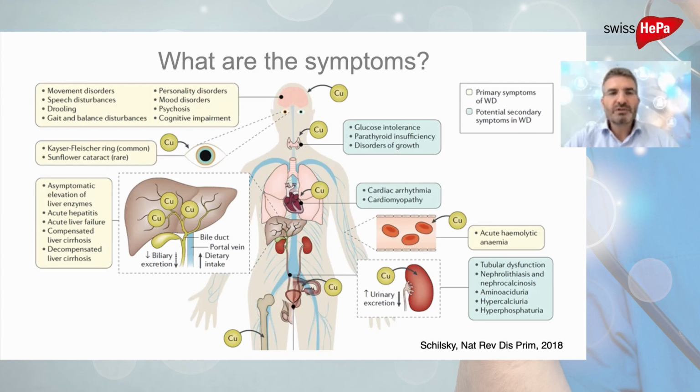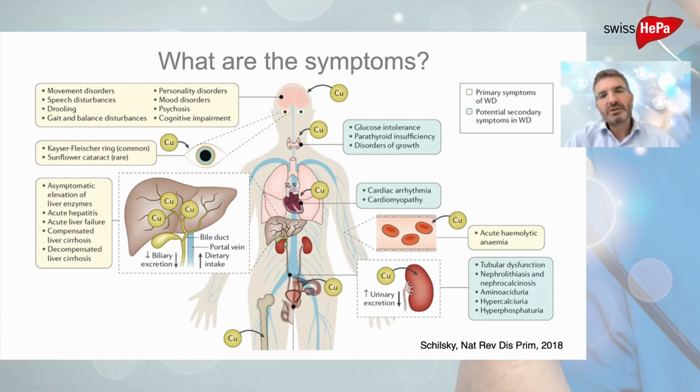Another important organ is the eye, and we will see in the next slide that the eye is characterized by the development of so-called Kaiser-Fleischer rings. And these are typical of Wilson's disease. And then, very importantly, the nervous system is involved, in particular the central nervous system, so the brain.